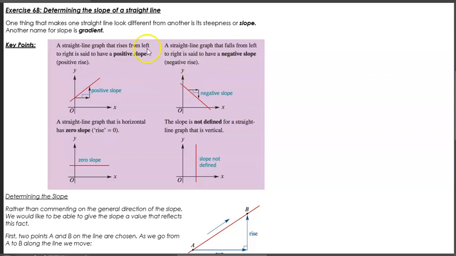So, one thing that makes a straight line when graphed look different to other straight lines, there's quite a few things, but one of the most important is the slope, or the steepness of it. This term has been given as gradient, and you can tell the word gradient, grad, also means gradual.